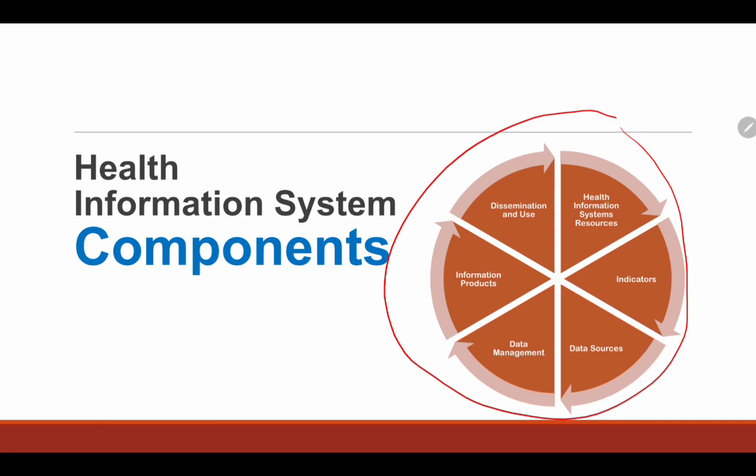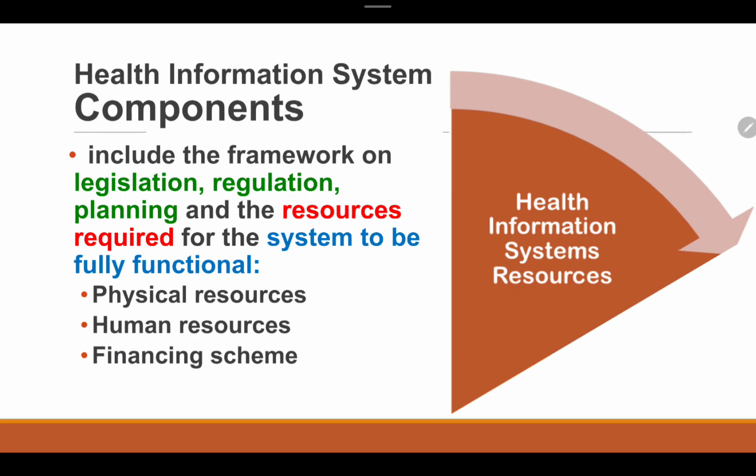So the HMN, the Health Metrics Network, created the framework. They said it should include the framework on legislation, regulation, planning, and the resources required for the system to be fully functional. These are the physical resources, human resources, and financing scheme. So this is one piece of our pie, the health information system resources.